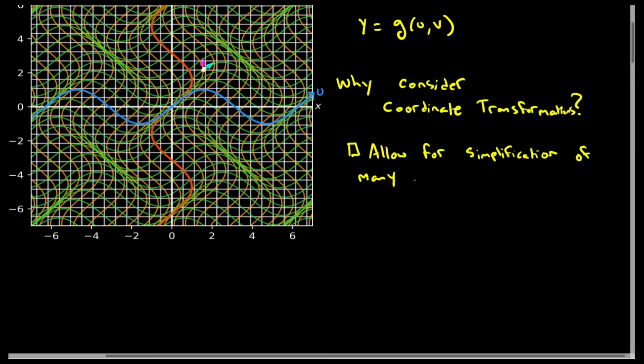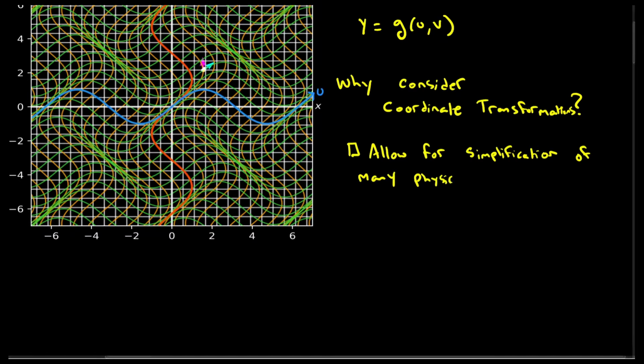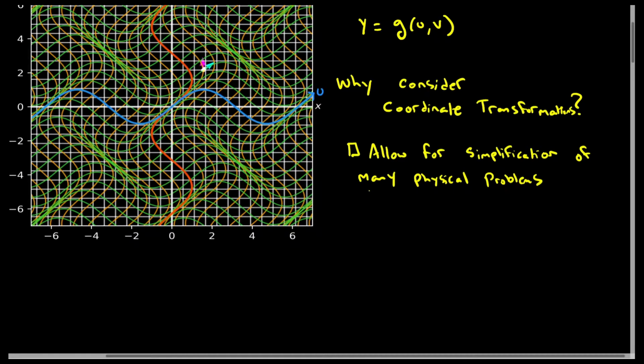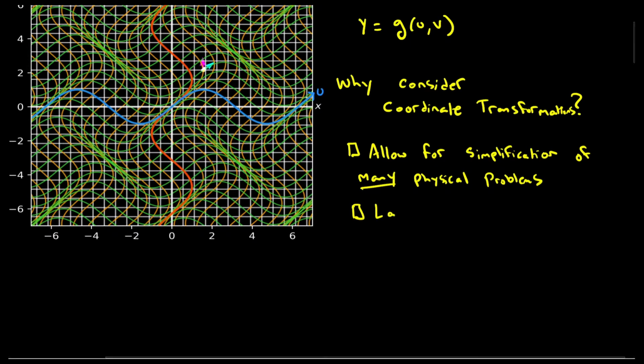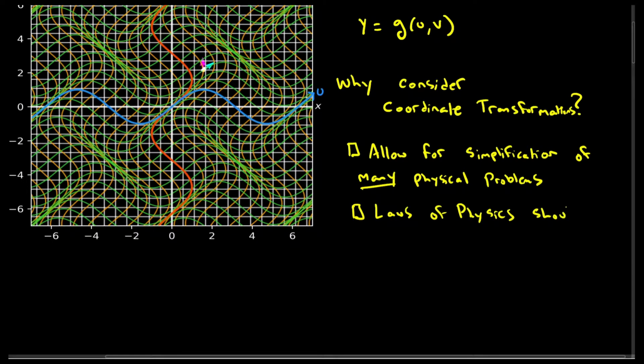So what are called coordinate-free descriptions of physics are actually the correct way of describing and writing down the laws of physics. So in some sense, thinking about whether your physical laws are coordinate-free or can be expressed in some coordinate-free way is the correct way of thinking of a physical law.